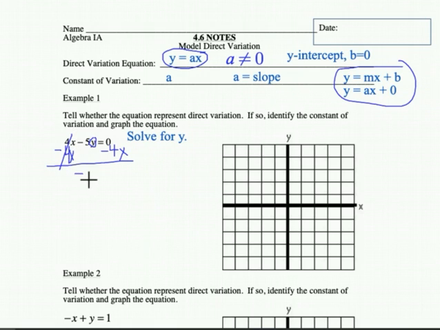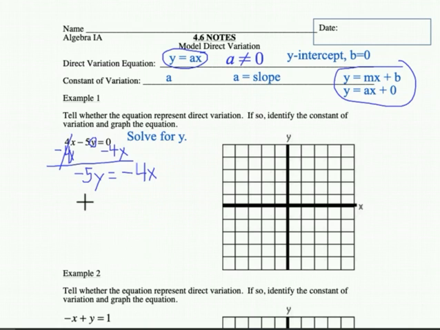And I'm left with negative 5y is equal to 0 minus 4x, or negative 4x plus 0. And I don't even need to write negative 4x plus 0. I can just leave it as negative 4x, because adding 0 doesn't change it.